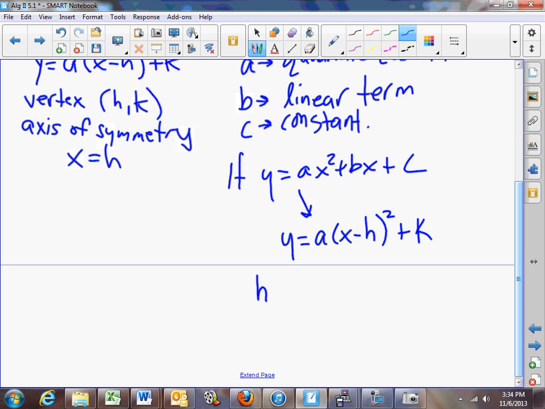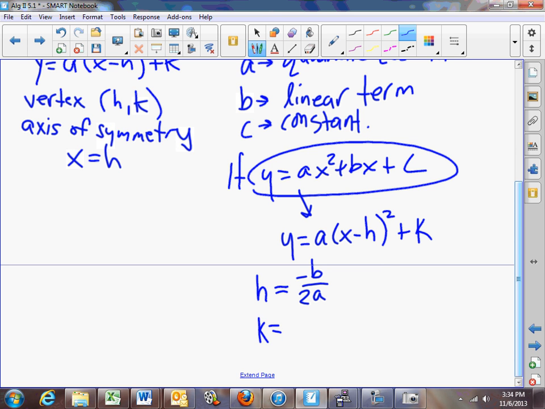If we have this equation, we can find h by saying h is going to be equal to negative b over 2a, and then k is going to be f of h.